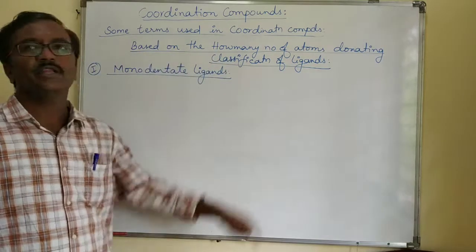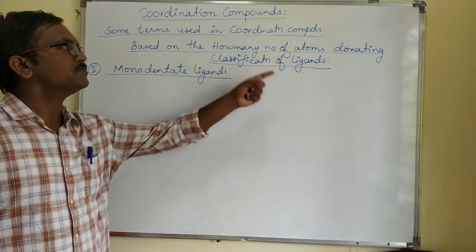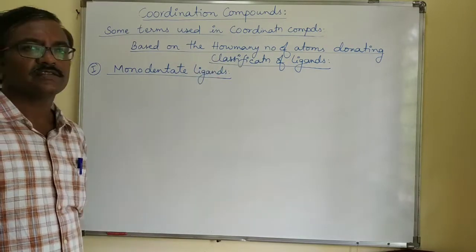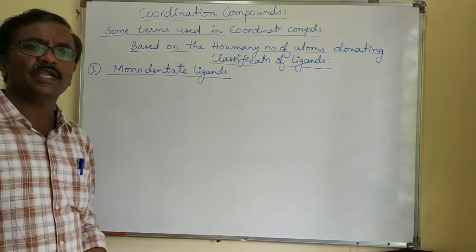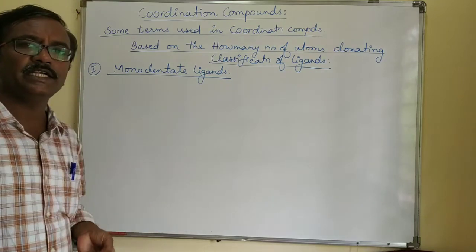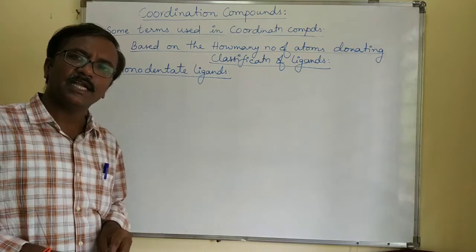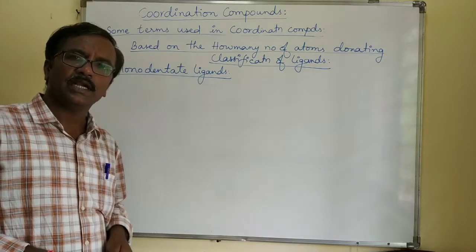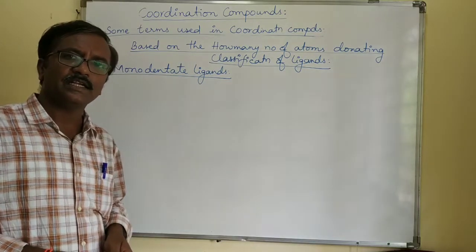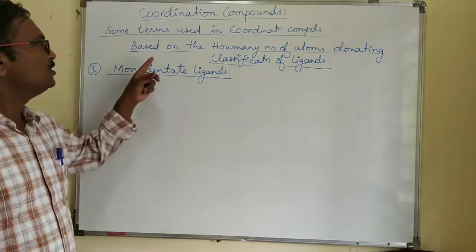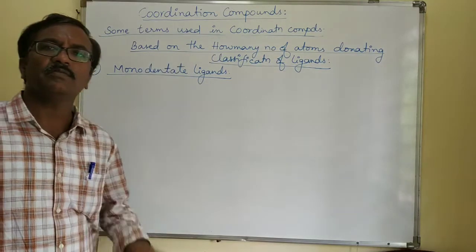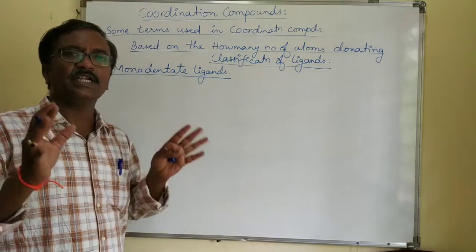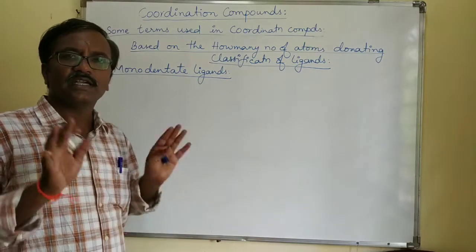Based on how many atoms are donating, the ligands are classified into different types: monodentate, bidentate, tridentate, tetradentate, pentadentate, and hexadentate ligands. Ligands donate electron density, so how many atoms are donating that electron density?